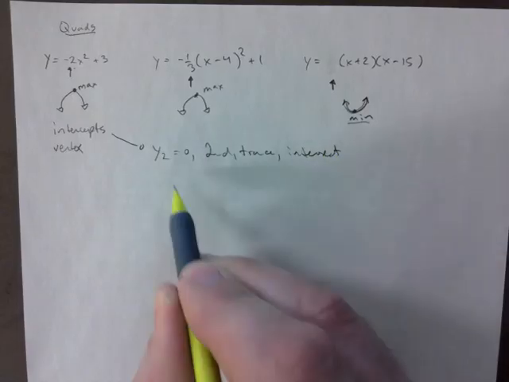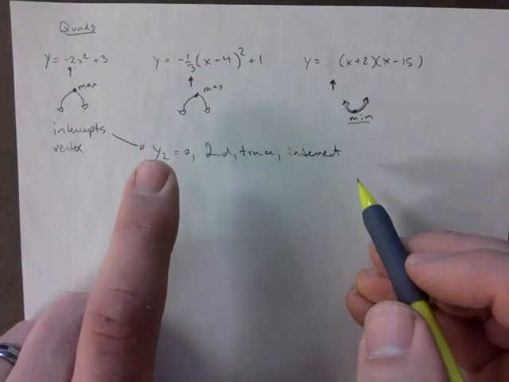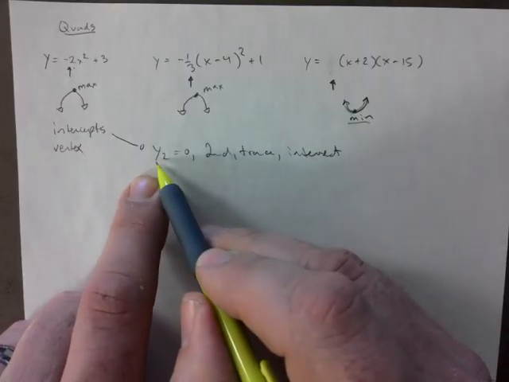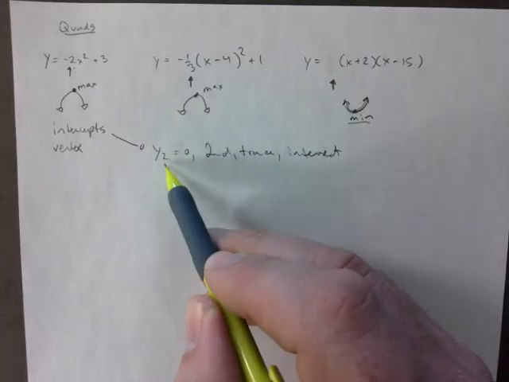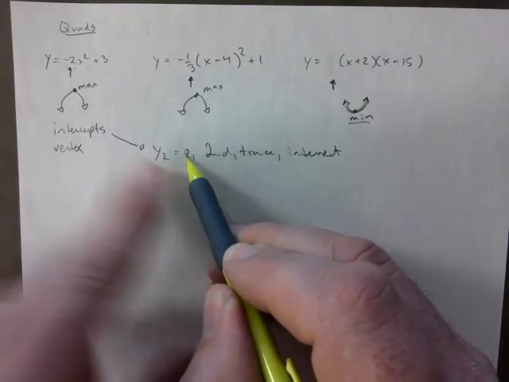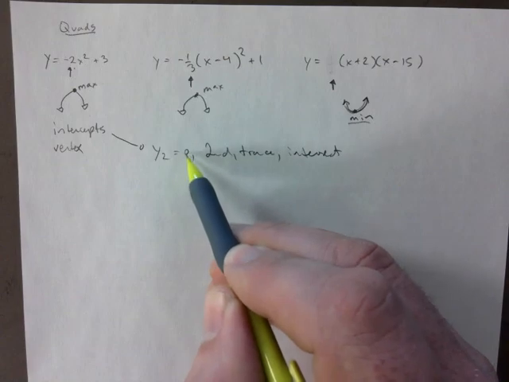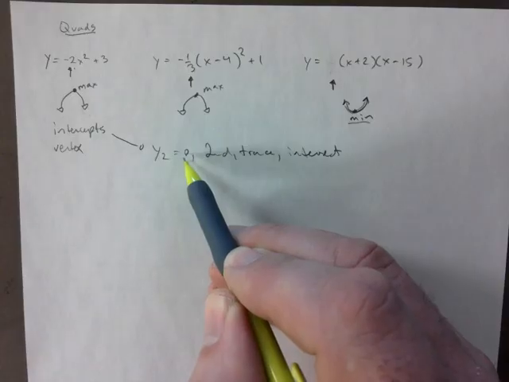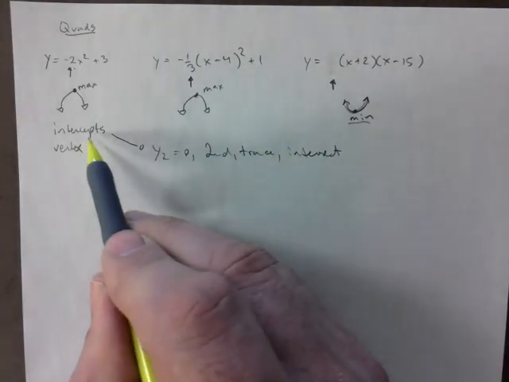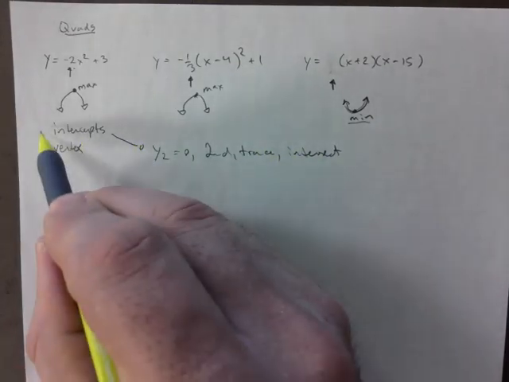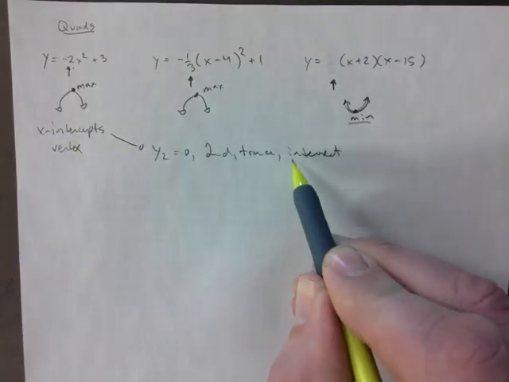So you can have that on your calculator. For x-intercepts in particular, it's always going to be 0 for y2. But down the road, we might explore other values, like let's say y2 is equal to 4. We'll figure out the x values for when y is equal to 4. But for now, particularly x-intercepts, that's how you do it.